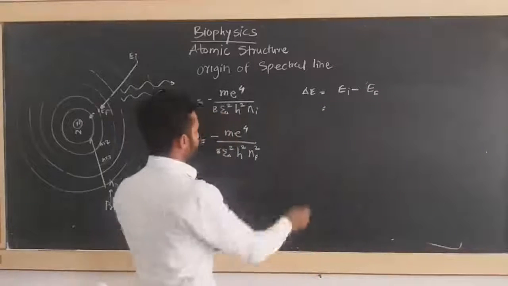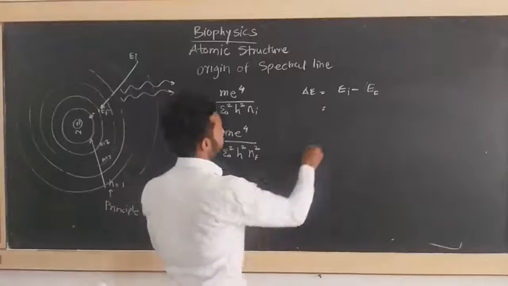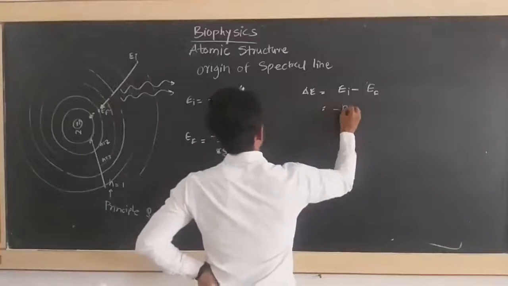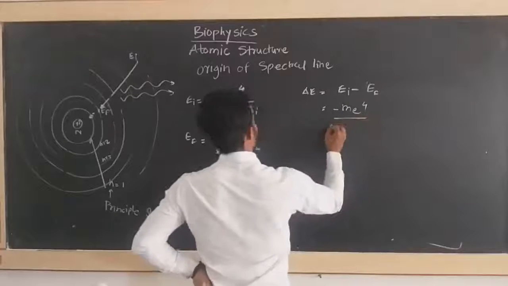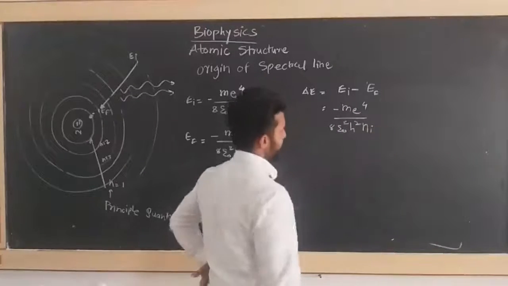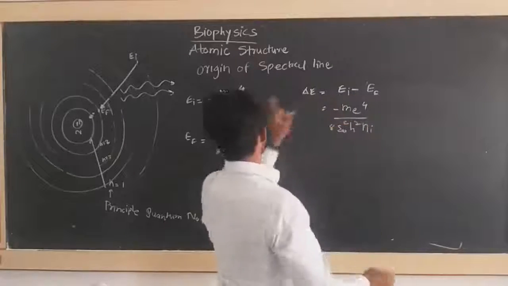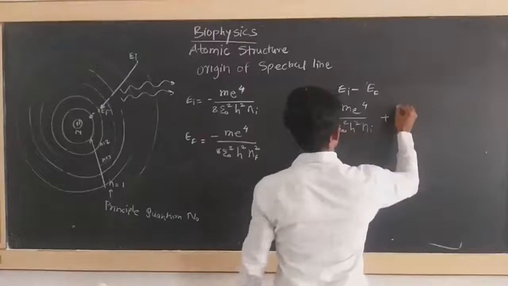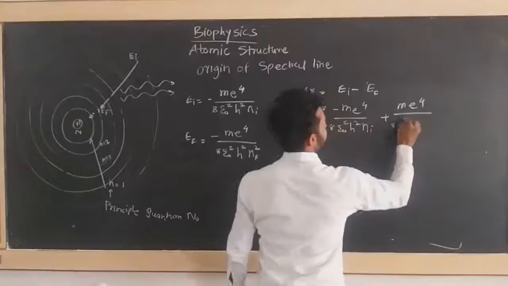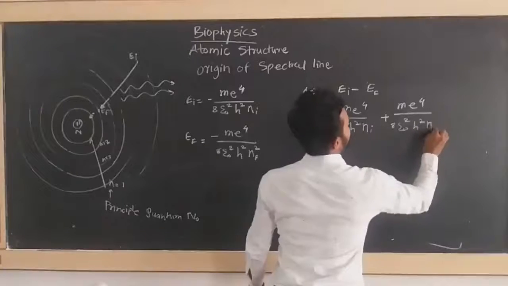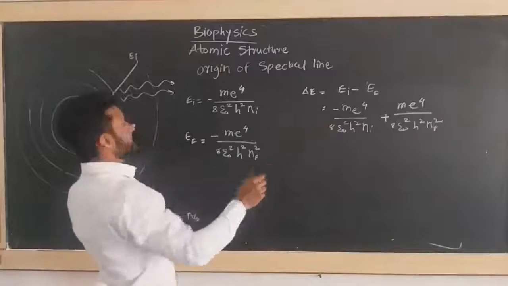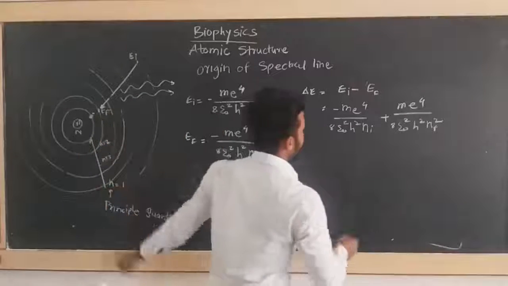If you put the values of the initial energy and final energy, we will get minus m e raised to 4 upon 8 epsilon naught square h square n initial square, plus m e raised to 4 upon 8 epsilon naught square h square n final square, where n final is nothing but the lowest energy level.